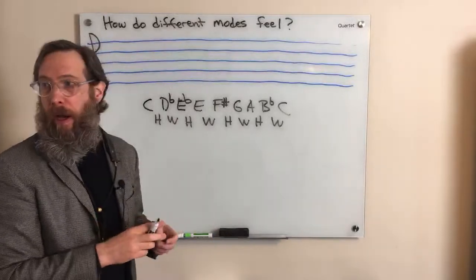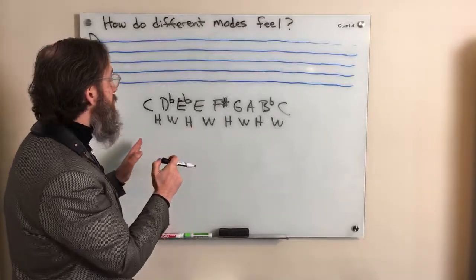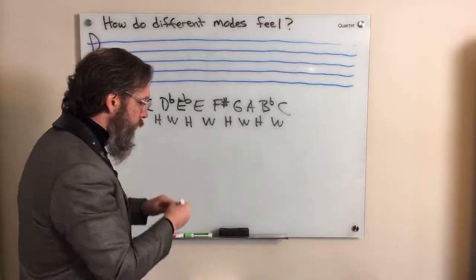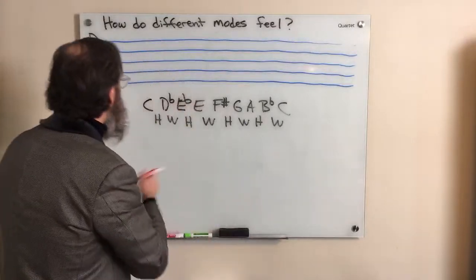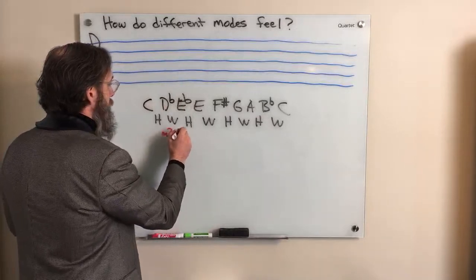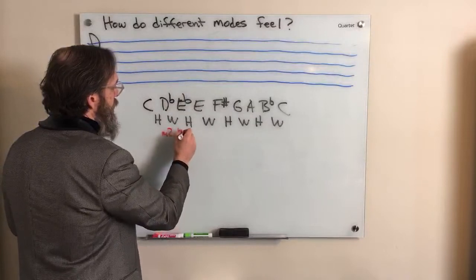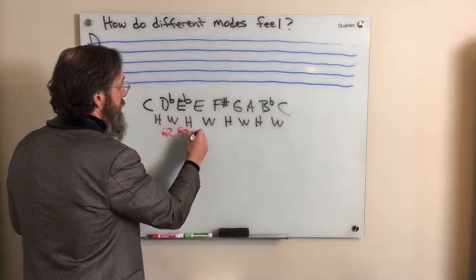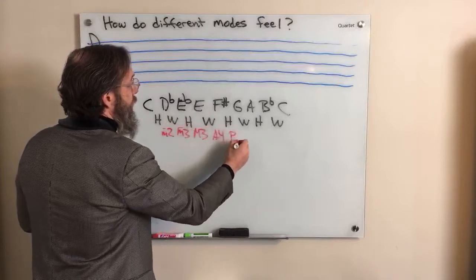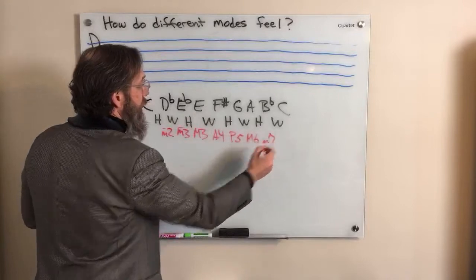Modes don't work so well with this scale. If you remember what we were talking about, we're asking what are the intervals above the bass? So you would say minor second, minor third, major third, augmented fourth, perfect fifth, major sixth, minor seventh.